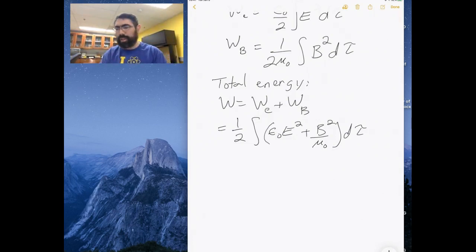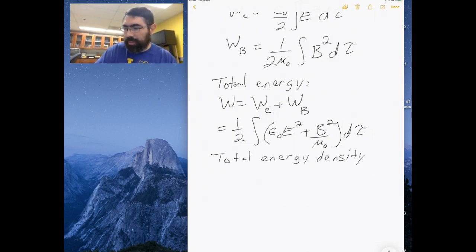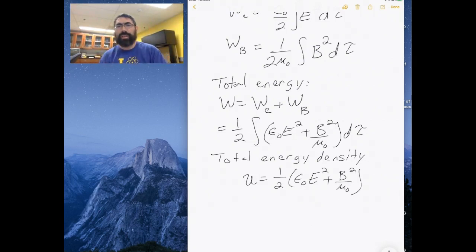So that means the total energy density, this script U, is 1/2 epsilon naught E squared plus B squared over mu naught, which is basically just saying that we've got energy in the electric fields and there's energy stored up in the magnetic fields. So the total amount of energy has to be the sum of those two quantities.